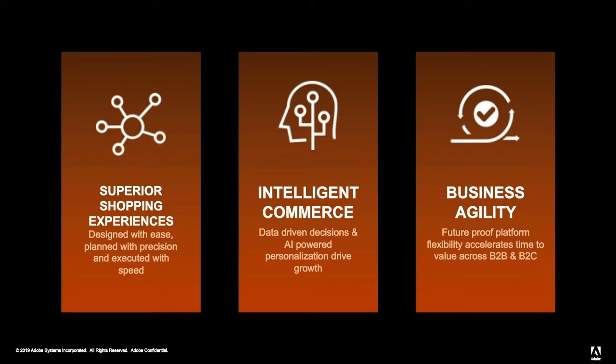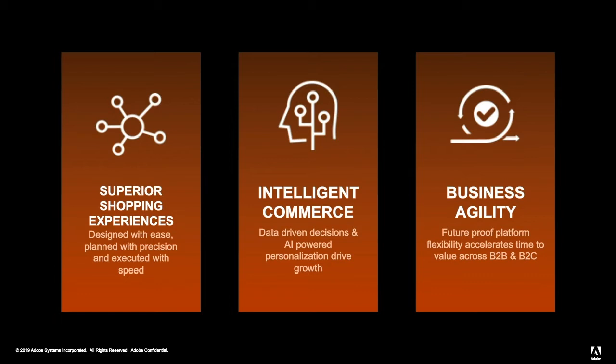The other pillar is intelligent commerce. So how can we allow our merchants to make more data-driven decisions and leverage new technology like artificial intelligence to drive growth in the digital channel. And the third pillar is business agility. That's all around future-proofing the platform and accelerating that time to market across various go-to-market channels.